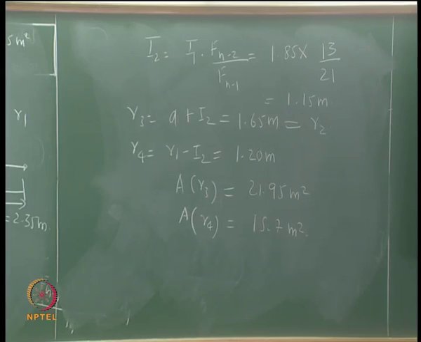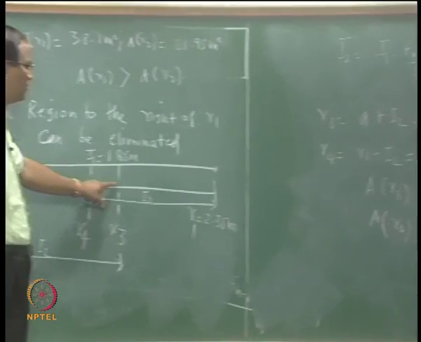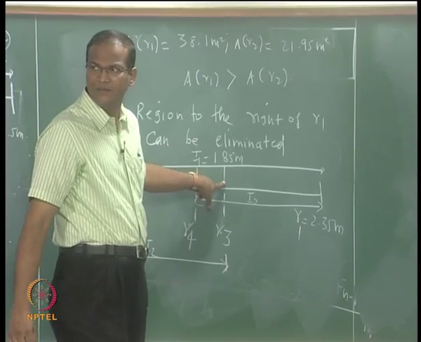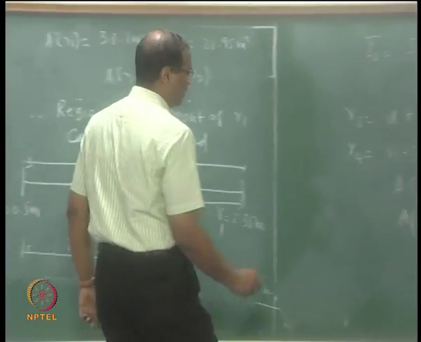Where is R3 now? Therefore, region to the right of R3 can be eliminated. Robin, is it correct? Region to the right of R3 can be eliminated.